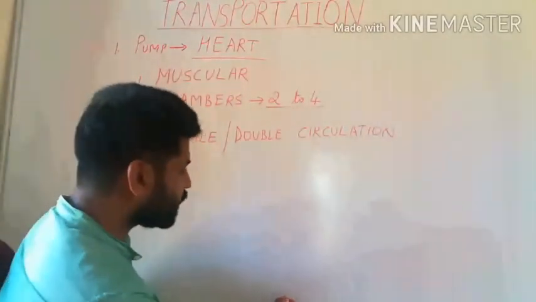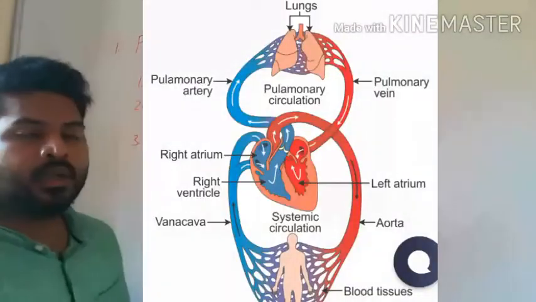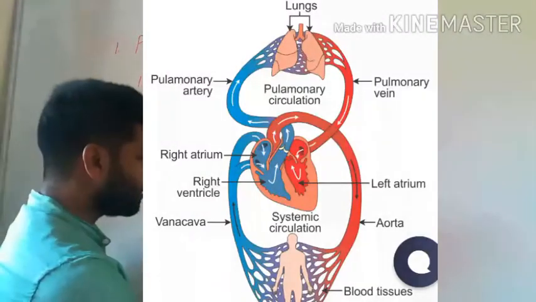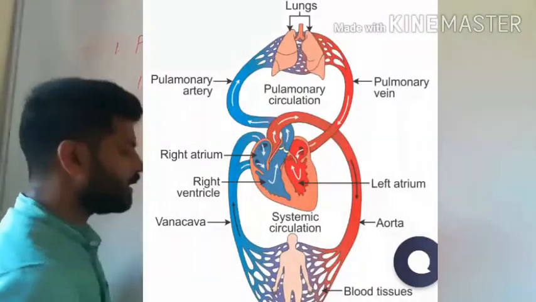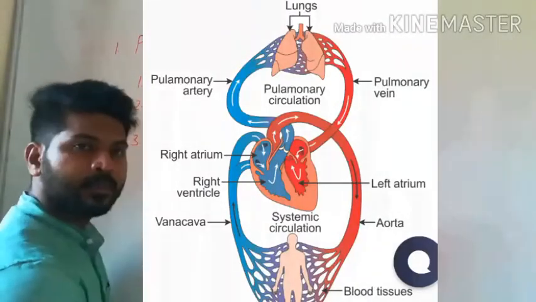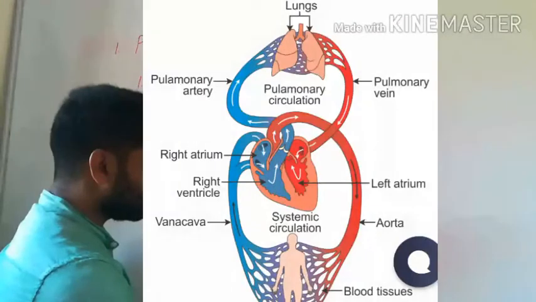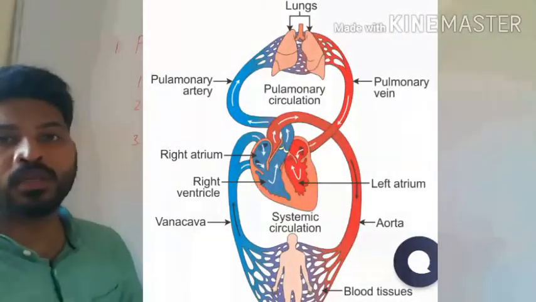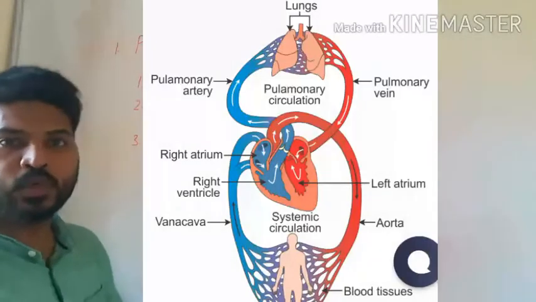Let us start from the tissues. Every tissue or organ has its own energy needs. So the cells present in them have already used up the oxygen, and the waste product carbon dioxide is present in the cell, the organ or the tissue.